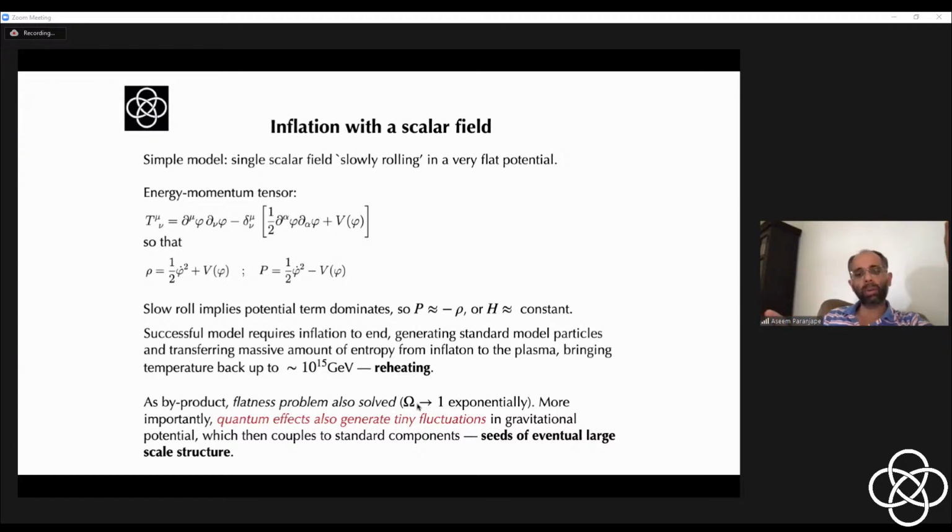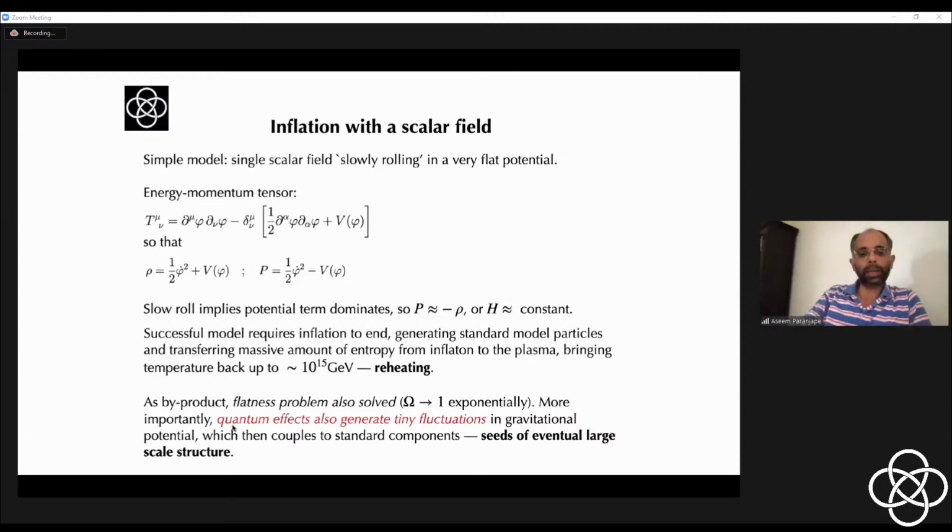There is nothing left from curvature, which behaved like 1 over a squared, and it exponentially decayed away. So that's also very nice, because even though we could have argued about whether or not the flatness problem is a problem, it's nice to see that once the horizon problem is solved by inflation, the flatness problem automatically goes away.